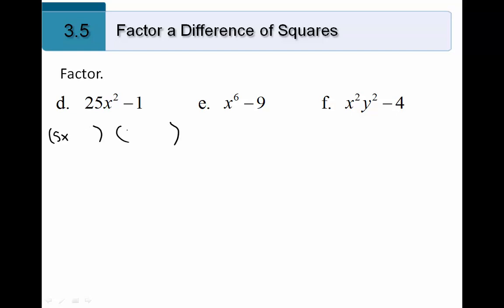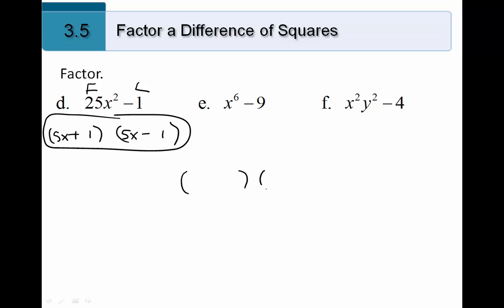5x multiplied by 5x is 25x squared. 1 multiplied by 1 is 1. One plus, one minus. x to the 3rd multiplied by x to the 3rd is x to the 6th. 3 multiplied by 3 is 9.